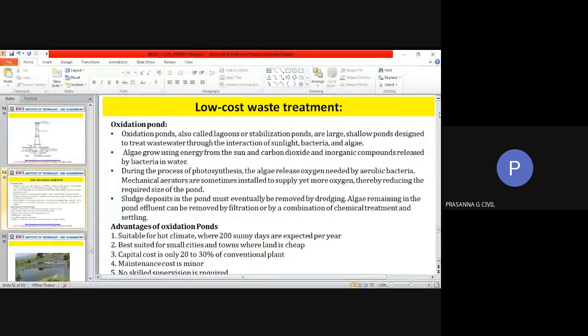So oxidation ponds can be called lagoons or stabilization ponds because all the wastewater, when we are allowing it to get collected there, we are not giving any other treatment, so there are solids. Now when we use the word stabilization or stabilized, it means that the organics and other material which is present is getting converted into a stabilized form.